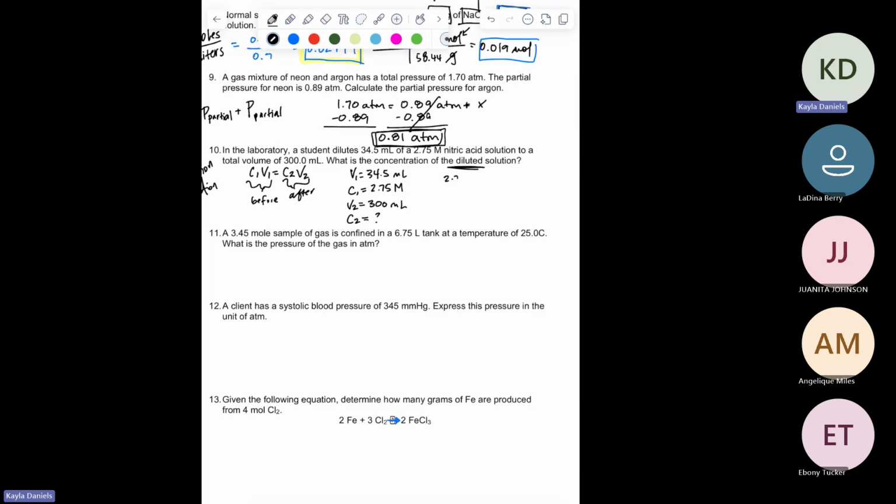So C1, 2.75 times V1, 34.5 equals C2, my X, times 300. Divide each side by 300. So in my calculator, I'm typing 2.75 times 34.5 divided by 300. And so X, or C2, is 0.316.